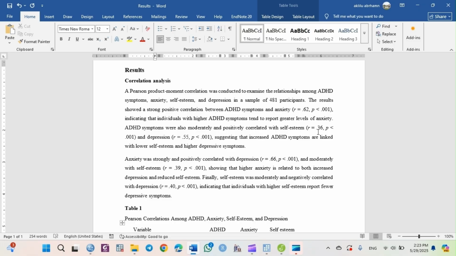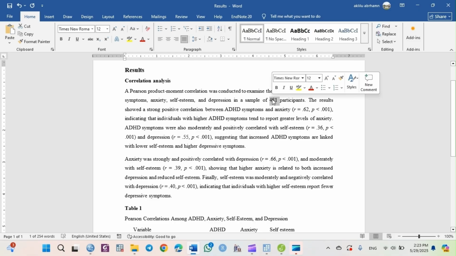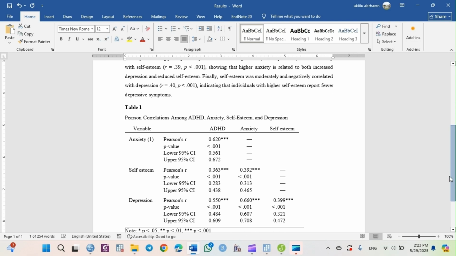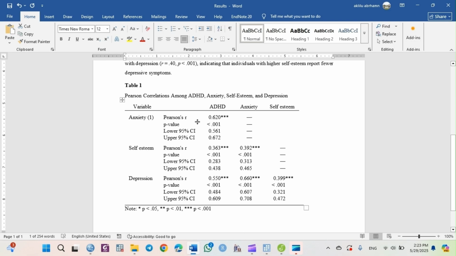And if the sample size is very small, with a large correlation coefficient, significance might not be achieved. So for the readers, reporting the sample size gives clarity. In my case, all of the variables have a sample size of 481, so no need to include it here. But if the sample size varies, you can include n here.